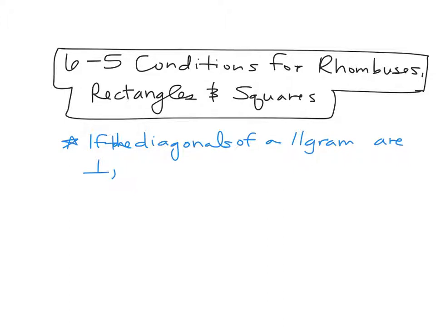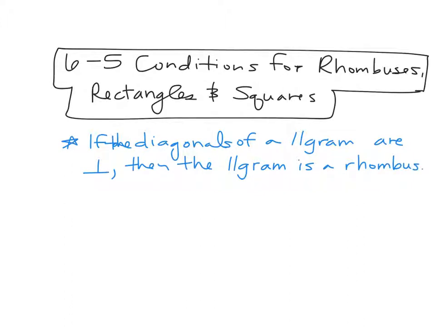It is not a rectangle, it's a rhombus, right? So if the diagonals of a parallelogram are perpendicular, then the parallelogram is a rhombus.